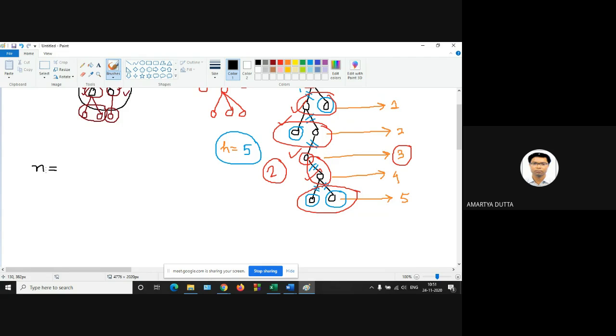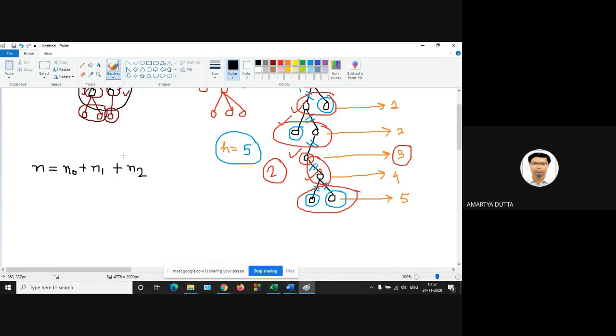n2 is the number of nodes with exactly two children, and n1 is the number of nodes with exactly one child. So the total number of nodes in your tree can be written as, since this is a binary tree, where each node has 0, 1, or a maximum of two children: n0 plus n1 plus n2.